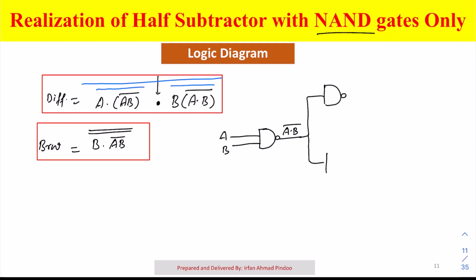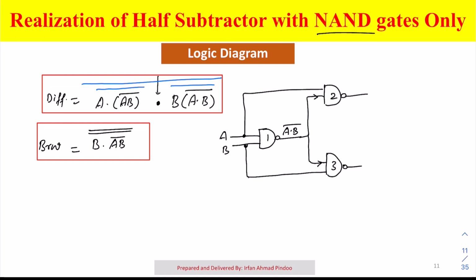So we have two more NAND gates, and one of the inputs is (A dot B) bar, which is going here and here, and then A is given as one of the inputs. Let us call it NAND gate number 2, and in NAND gate number 3 we are giving B as the input, because these are two input NAND gates. So both the inputs have been given.